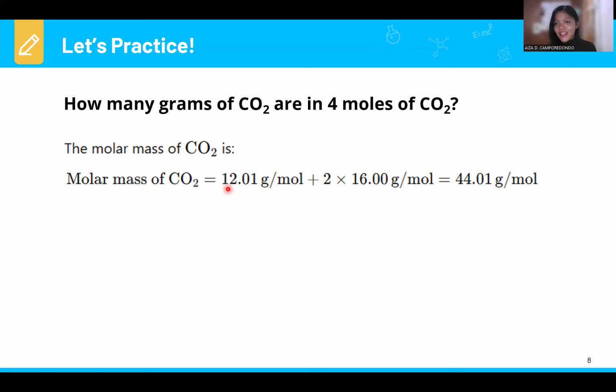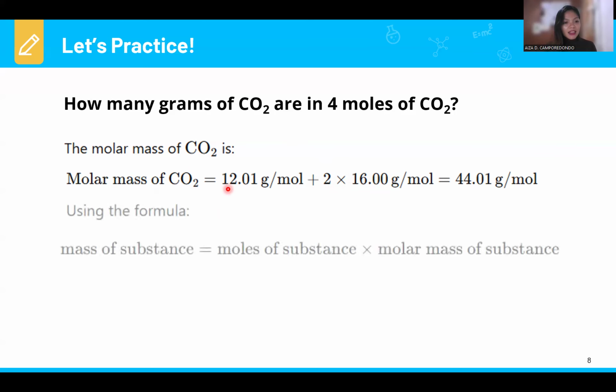That is not the final answer yet. Okay, let's proceed by using the general formula of the mass to mole to mass. The mass of the substance is equals to the moles of substance multiplied by the molar mass of the substance. So we now have the values that are needed, moles of the substance and the molar mass of the substance.